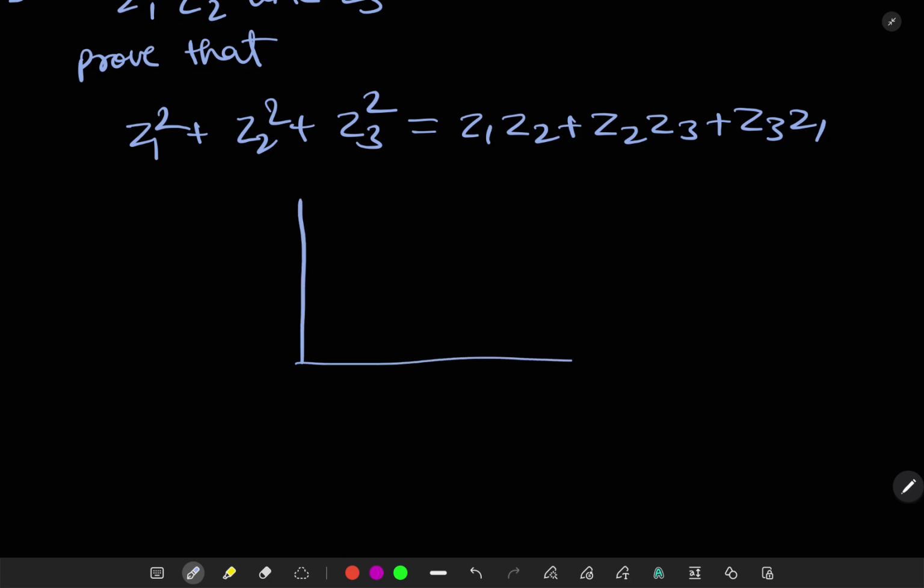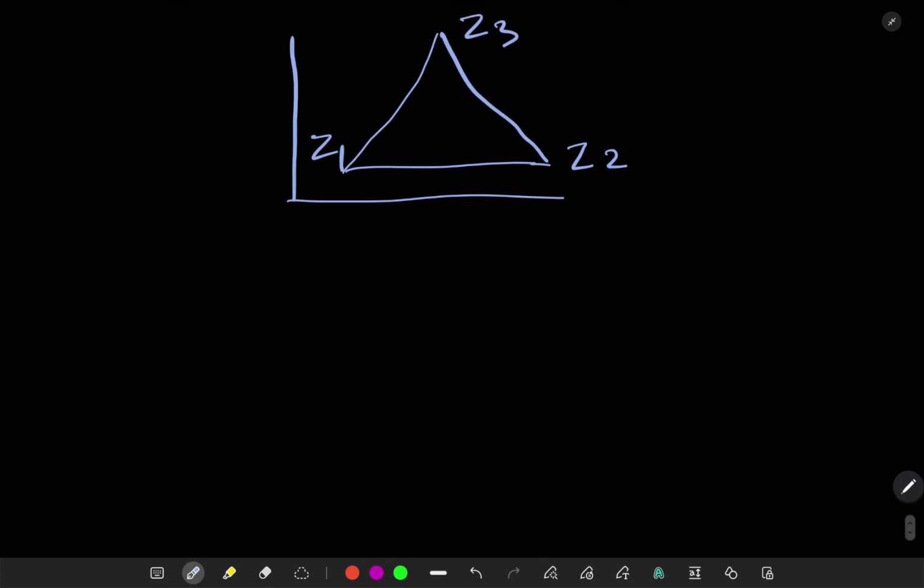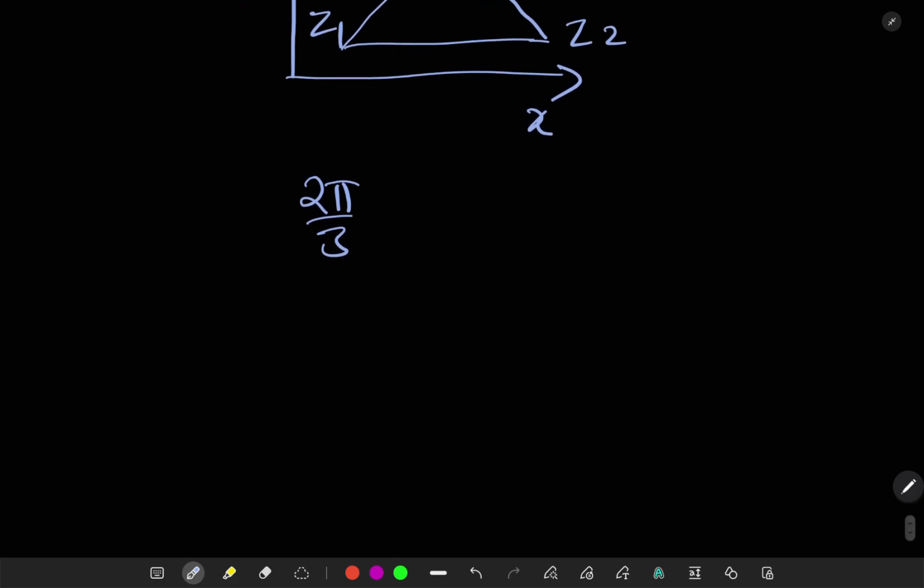And this is a diagram of this given condition. For proving this, we assume the triangle is centered at origin. Each vertex is rotated by 2 pi by 3 with respect to the previous one.